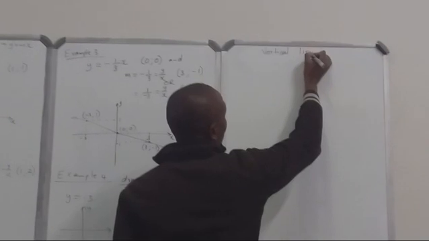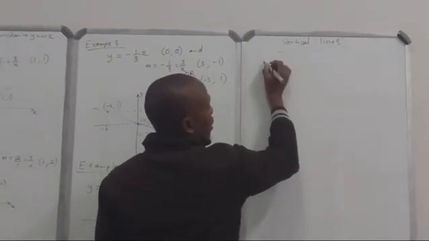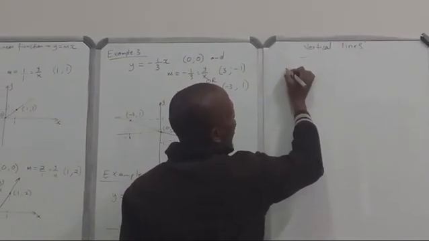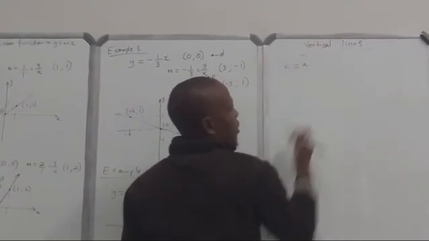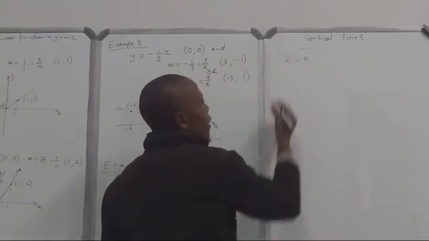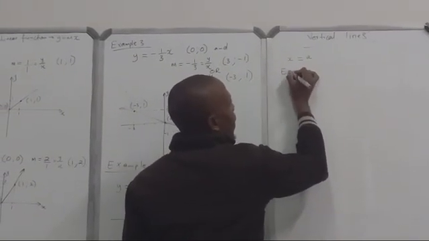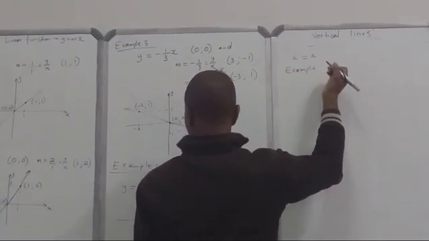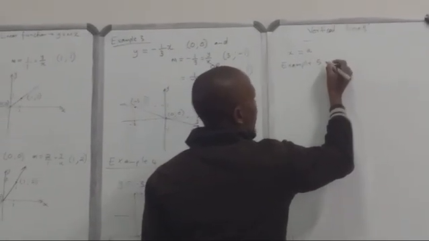Alright, let's go to vertical lines. Vertical lines are x equals to a number. That number, we symbolize it as a. And then example 5.